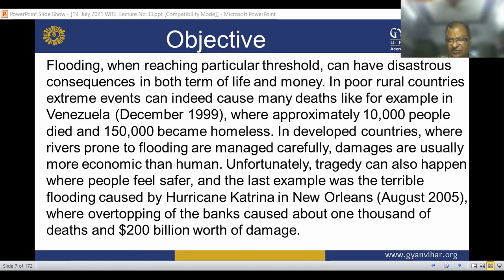The last example was the terrible flooding caused by Hurricane Katrina in New Orleans, August 2005, where overtopping of the banks caused thousands of deaths and 2000 billion worth of damage.